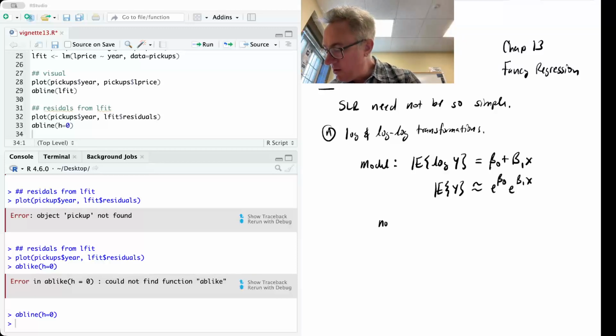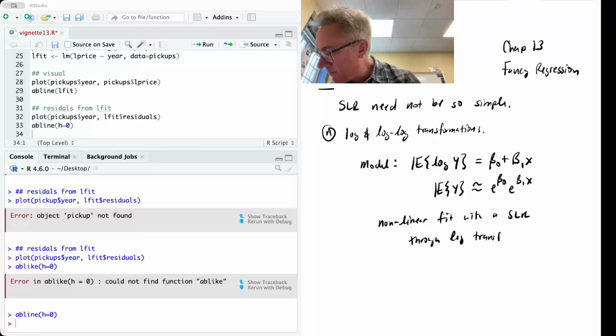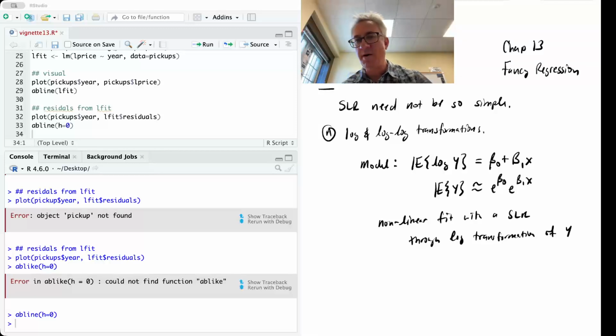So a nonlinear fit with a simple linear model through the log transformation of the response y.